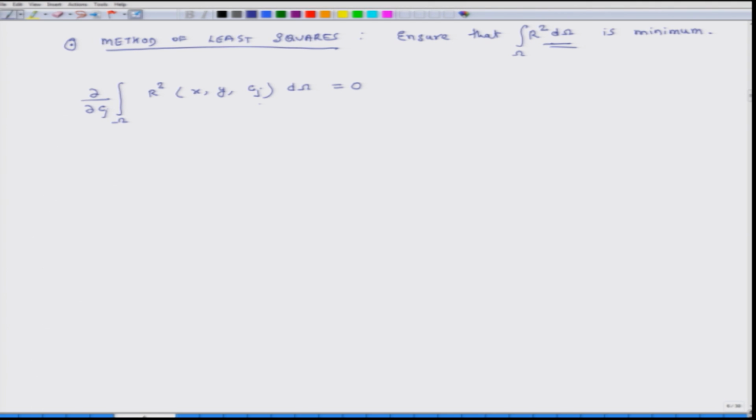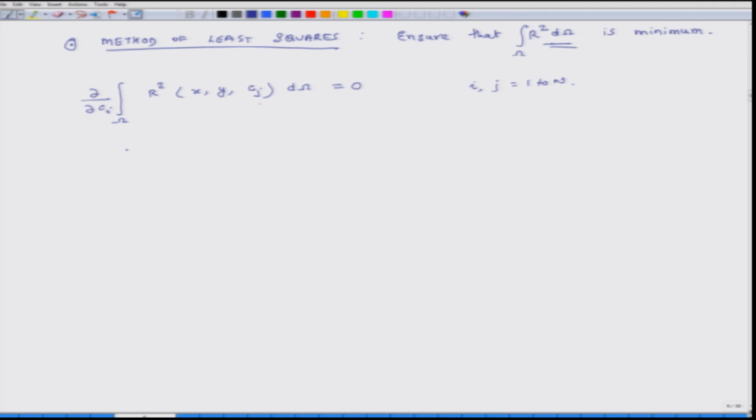Actually, I will write Ci here, because if there are n unknown values of Cj, I will differentiate with every single one, so i is equal to 1 to n.